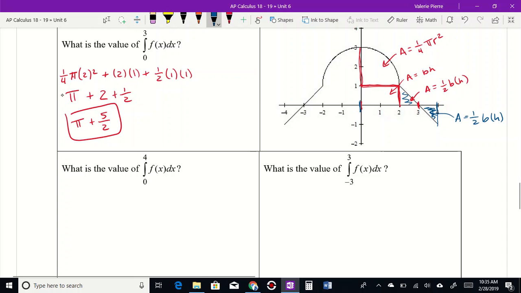So when we're looking for the area, we're actually just paying attention to the area of the quarter circle and the area of the rectangle. So we just need the 1/4 pi 2 squared plus the 2 times 1, which will give me pi plus 2.